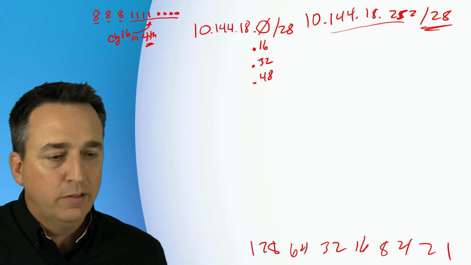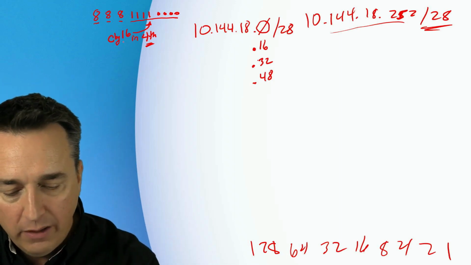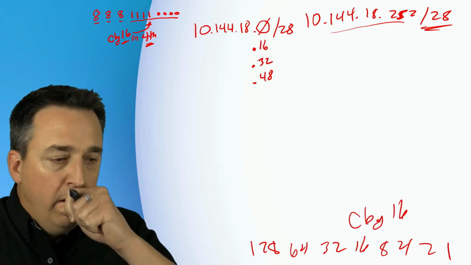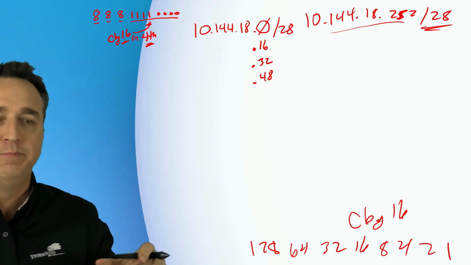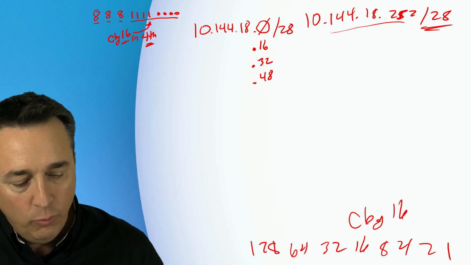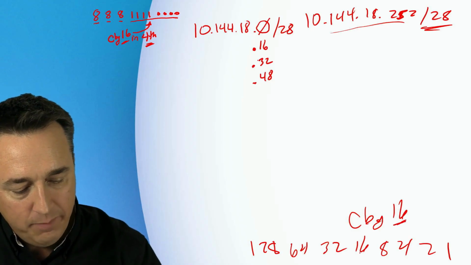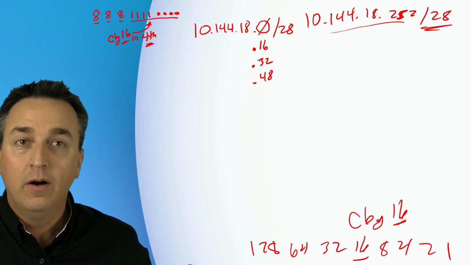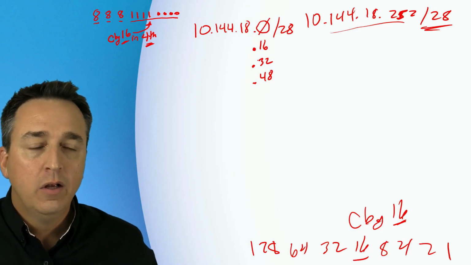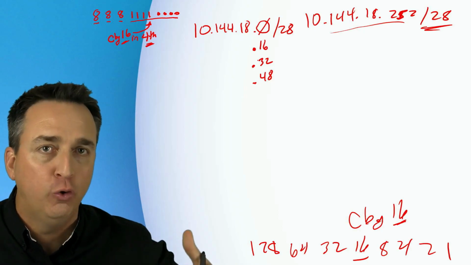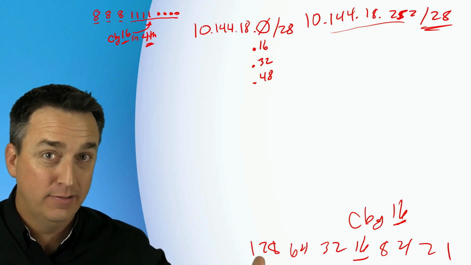What I want you to realize is that whatever you're counting by, so right now we're counting by 16, right? It means that I will eventually hit 16, obviously, and every other power of 2 after that.